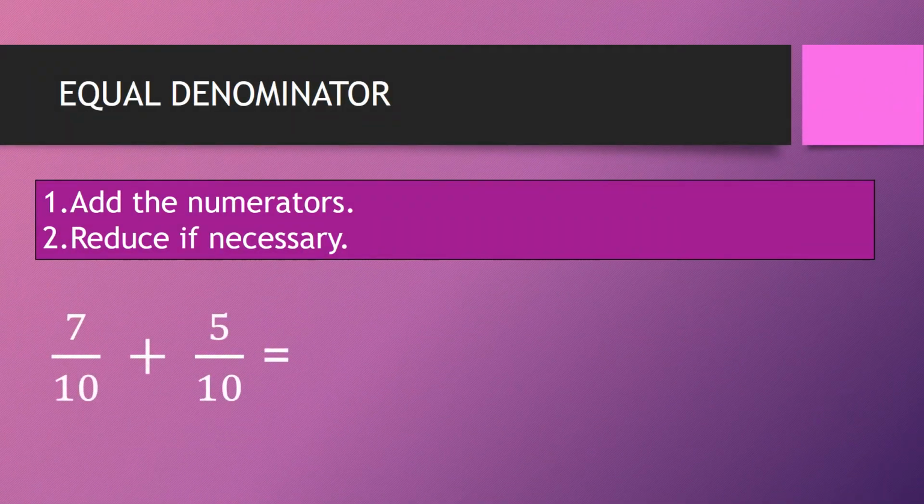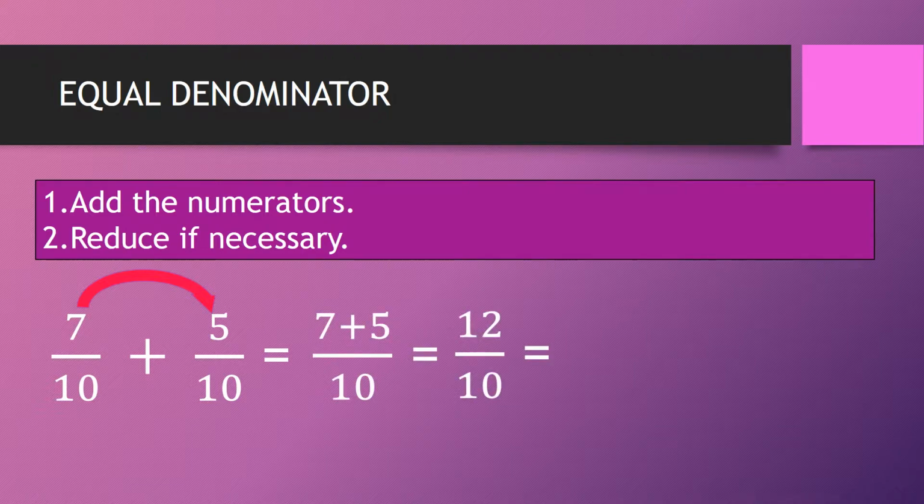I need now to add these two fractions. Remember, the same denominator, you add the numerators. 7 plus 5, you add the numerators, and 7 plus 5 is 12. You see, 12 can be divided by 2, and 10 can be divided by 2, because I need to reduce the fraction, always.